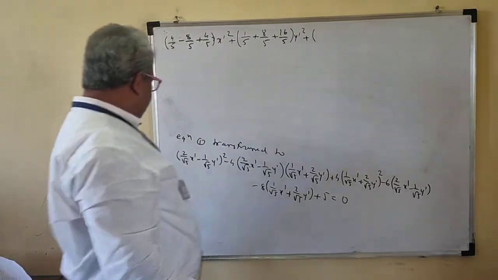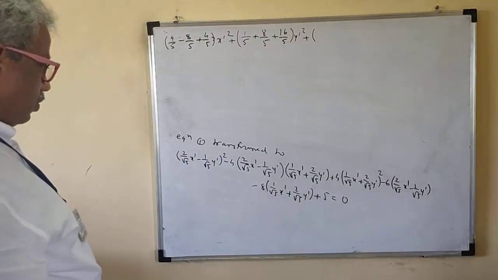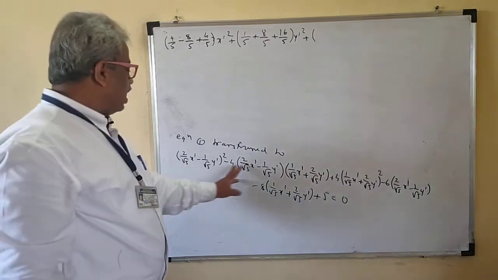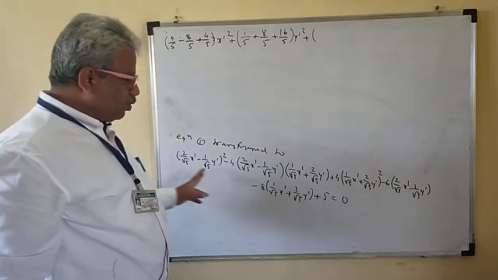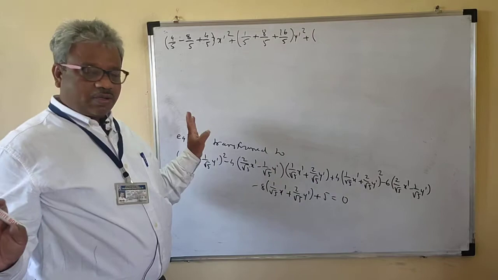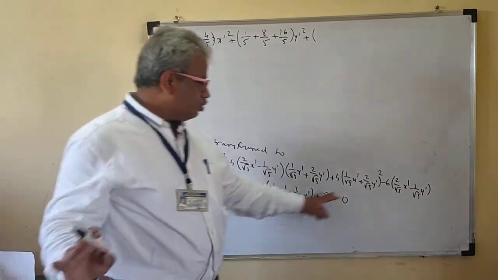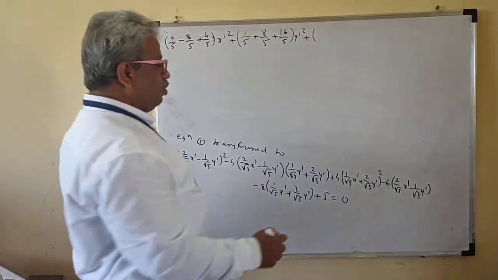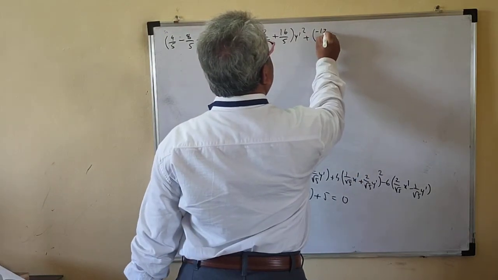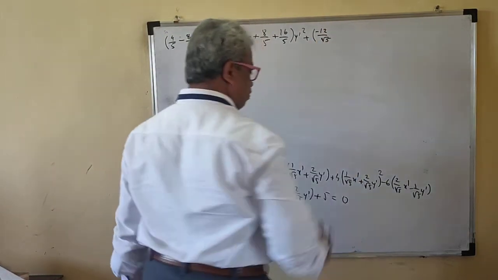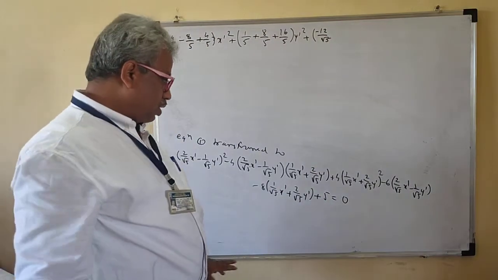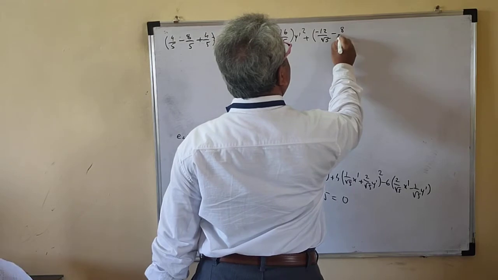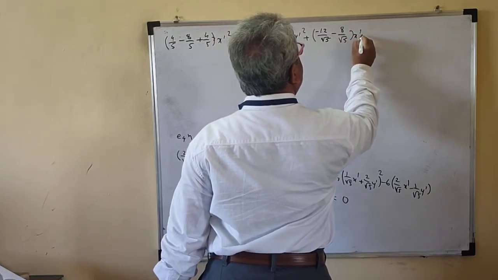Now we collect the coefficient of x prime. After the product term there will not be any coefficient of x prime, the last 3 terms will contain the x prime. So this is minus 12 by root 5, along with the sign we will collect this. This is minus 8 by root 5 x prime.